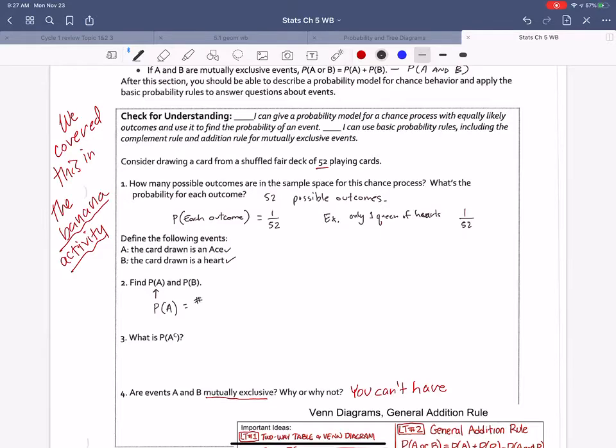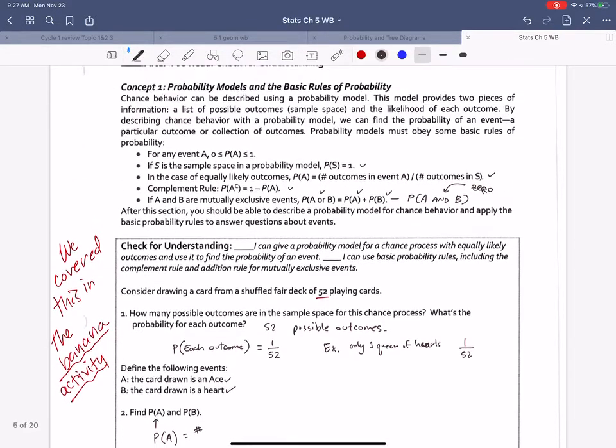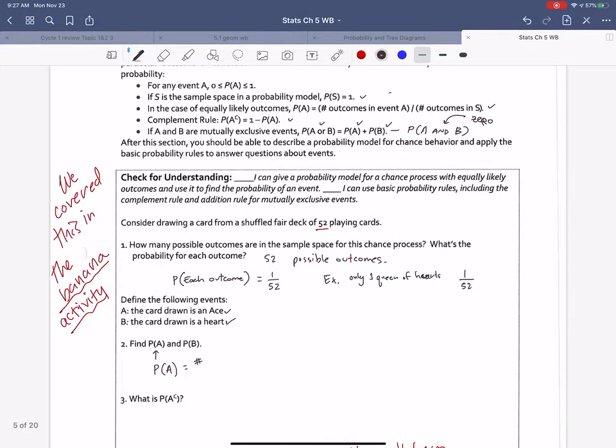We said the probability of A is the number of outcomes in event A over the number of outcomes in S. So essentially there have to be 4 aces in a standard deck of cards, and there are 52 cards in a deck.